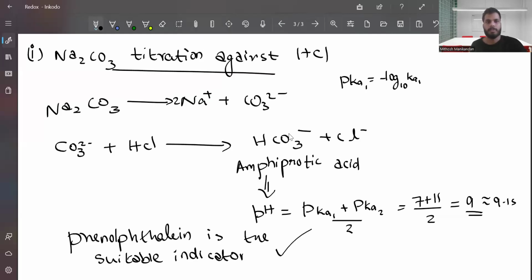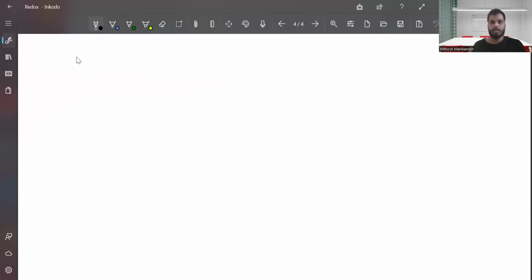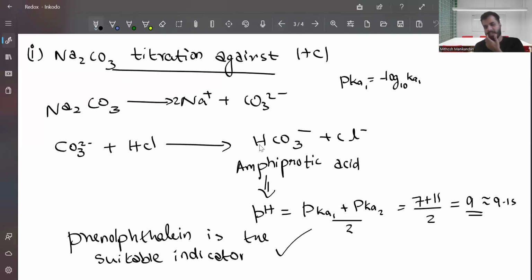Now, for Na2CO3, phenolphthalein is the best indicator. Now, if you check for its second equivalence point, let's see the second one, NaHCO3 against HCl. You need to understand here we are creating HCO3 minus, right? So that will also exist as NaHCO3.